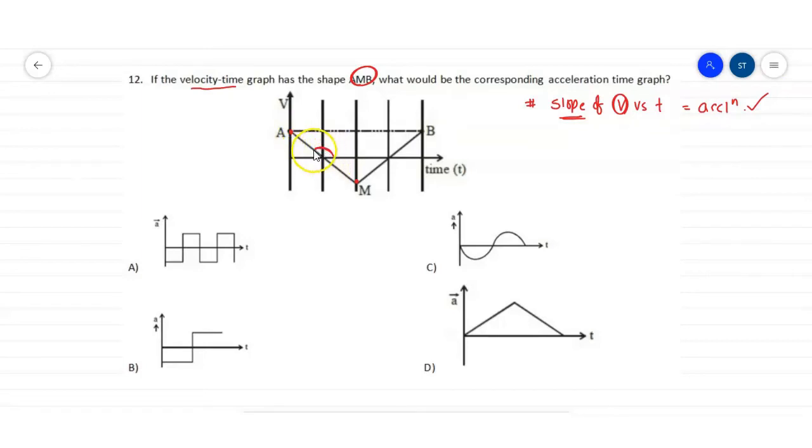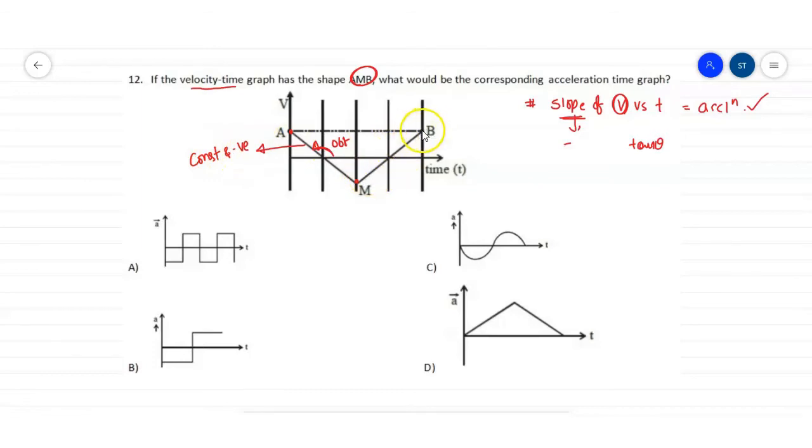Here the angle made with positive x-axis is obtuse. If the angle made with positive x-axis is obtuse, then we can say the slope will be negative, as slope is nothing but tan theta, where theta is the angle made with positive x-axis. So here from A to M, acceleration will remain constant and also negative value.